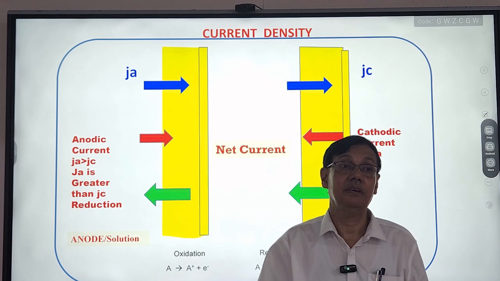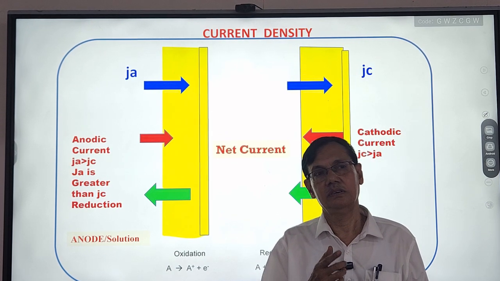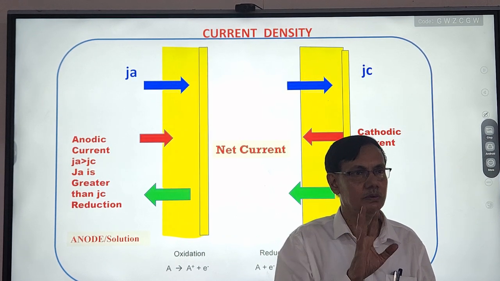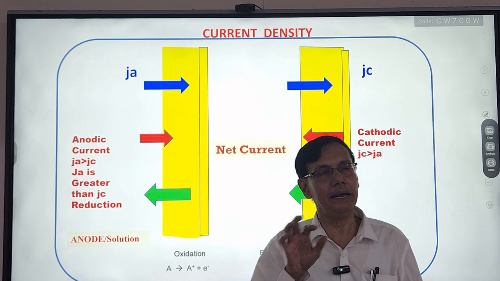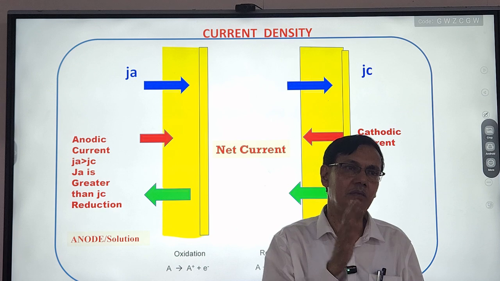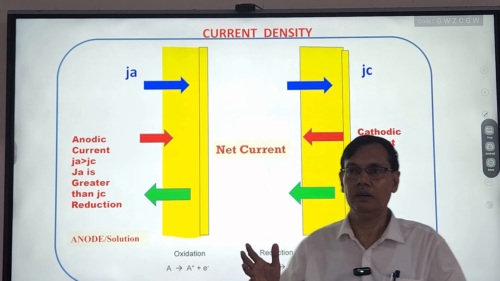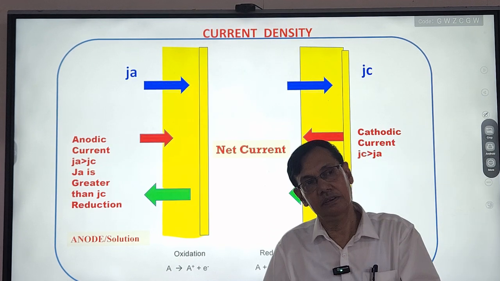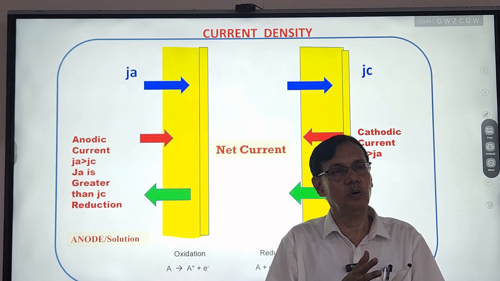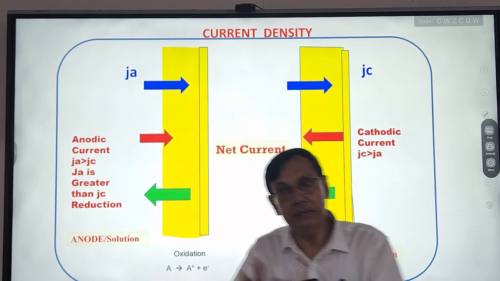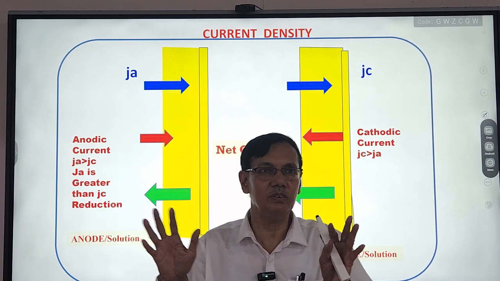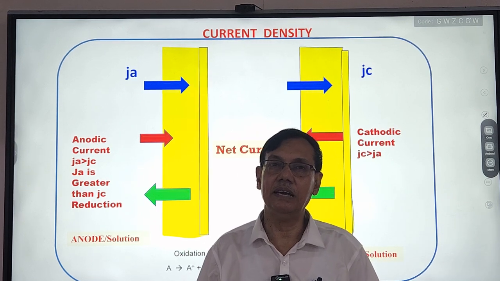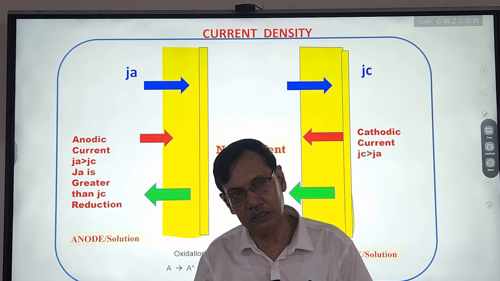Now the question arises: in some books you will find that the exchange current density, J0 suppose, equals Ja minus Jc, anodic current minus cathodic current. This means we are preferring the anodic reaction as dominating. It doesn't mean that I cannot write the exchange current density as cathodic current minus anodic current. You follow my point. So when you see different books you get confused: sir, you have written it like this, Ja minus Jc is equal to the exchange current density.